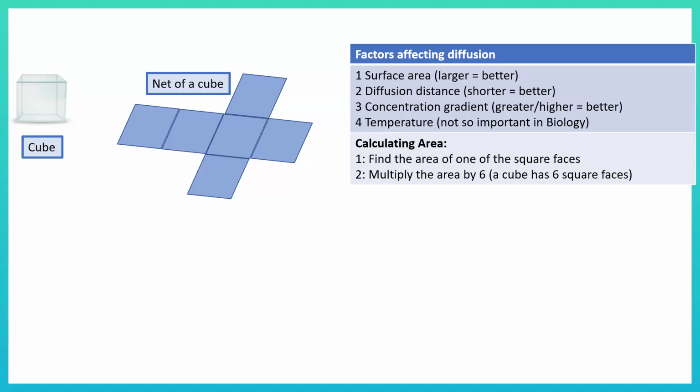So that surface area of that cube would be 24 centimeters squared. But if we then did the volume, it'd be 2 times 2, which is 4, times 2 again, which is 8, and that's 8 centimeters cubed. So because it's cubed, the volume increases much faster than the surface area.